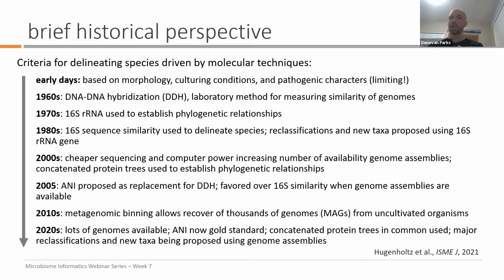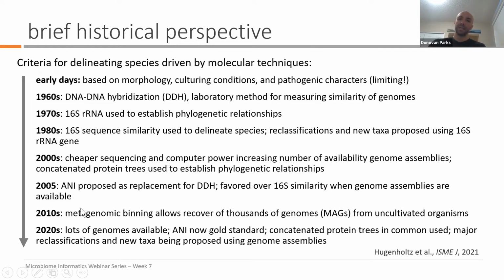And arguably, the concept of average nucleotide identity starts to become favored over using 16S similarity when you actually have the genomes. So there is a big caveat that you don't have to go that far back, and you only have a very limited number of genomes, and that makes it hard to base taxonomy off of genomes.